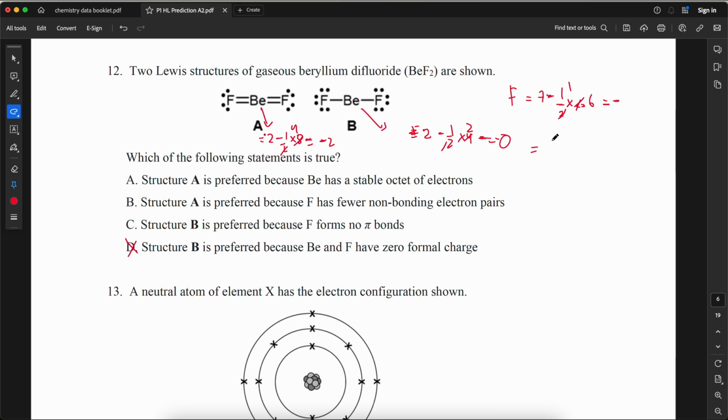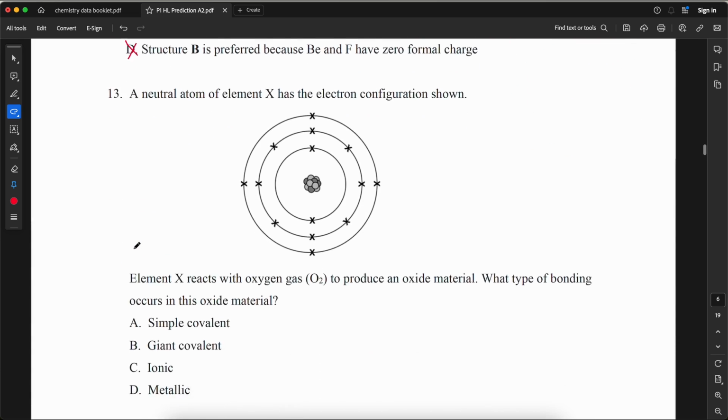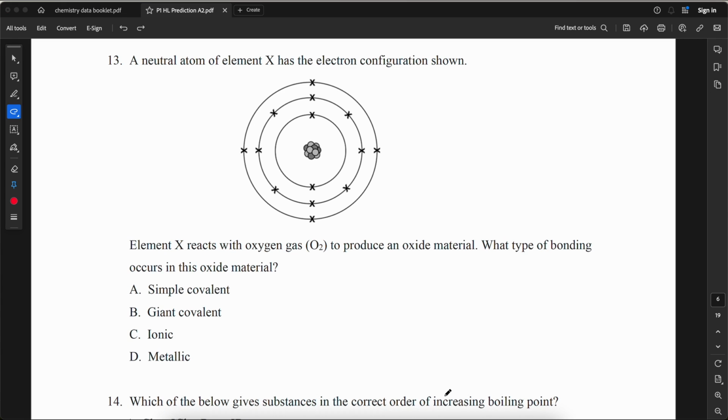Let me just repeat it again: 7 minus half times 2 minus 6. So 6 minus 6, that would be 0. So D is correct.